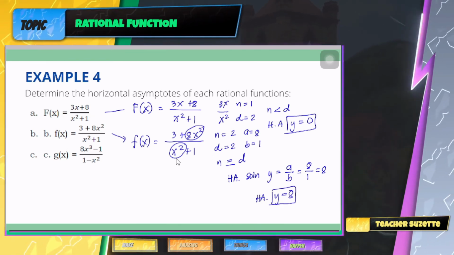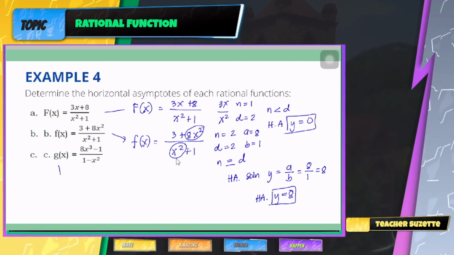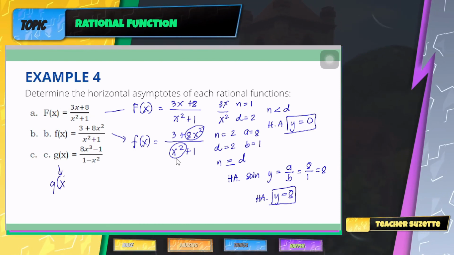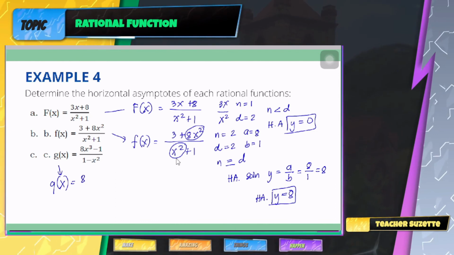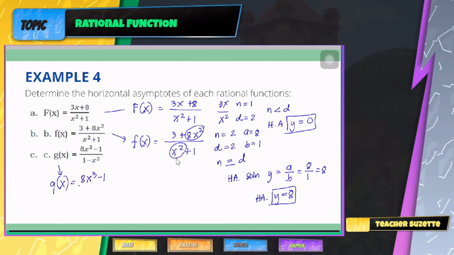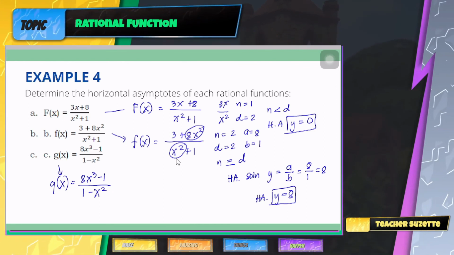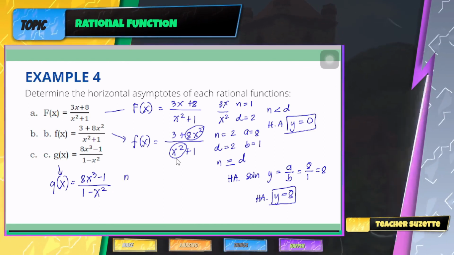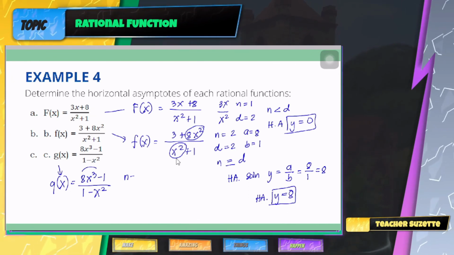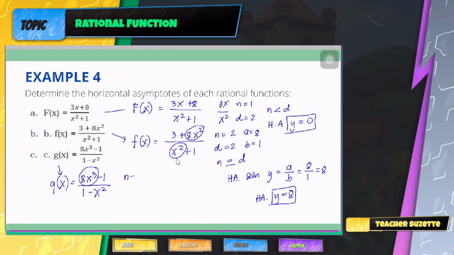Ayan. And lastly, we have g of x is equal to 8x cubed minus 1 all over 1 minus x squared. So, dito, ang ating leading term is, sa numerator, 8x cubed.